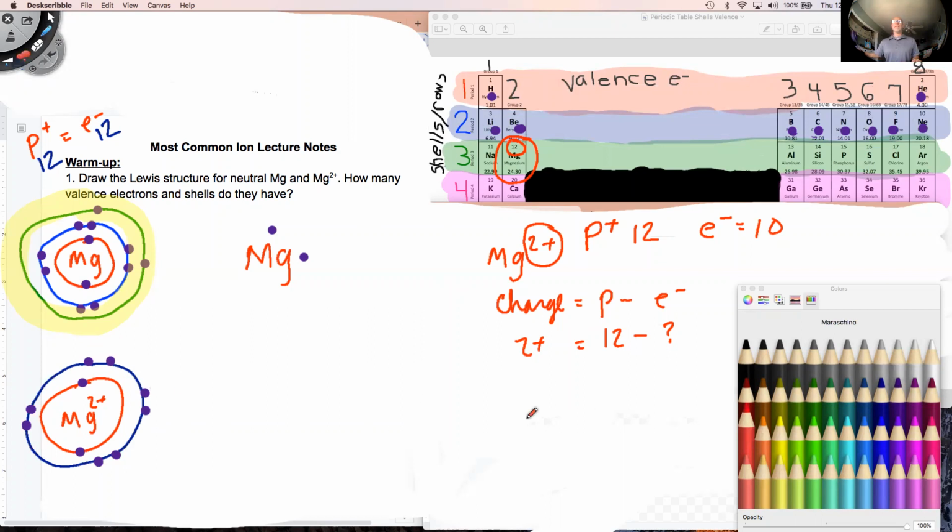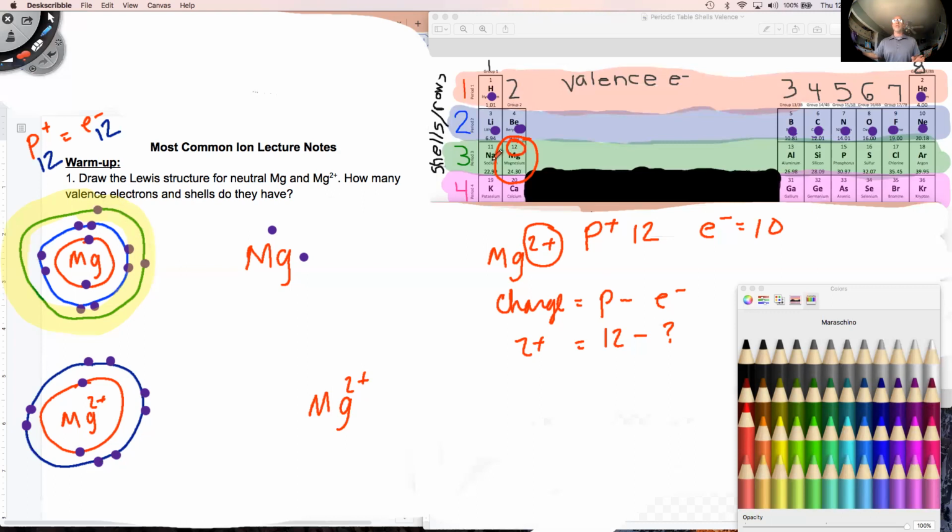So now let's take a look at our Lewis structure. Now, what's the difference you see between magnesium and magnesium 2 plus? The biggest difference you can see is that the valence electrons that were on the outside of magnesium, these 2 electrons were lost.